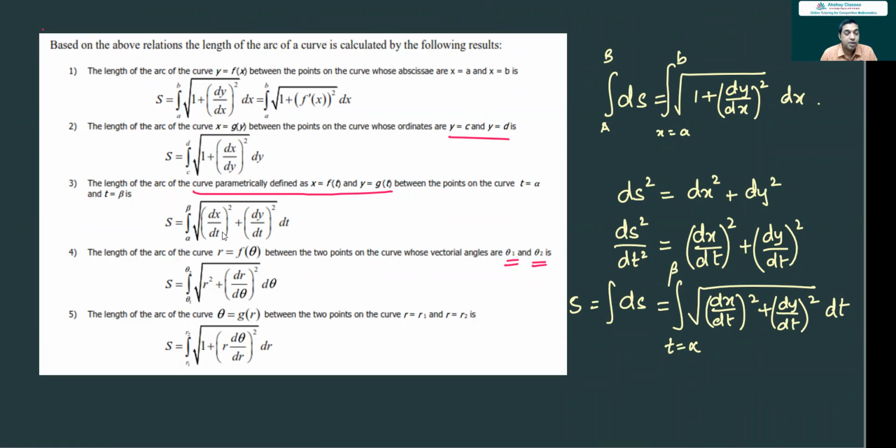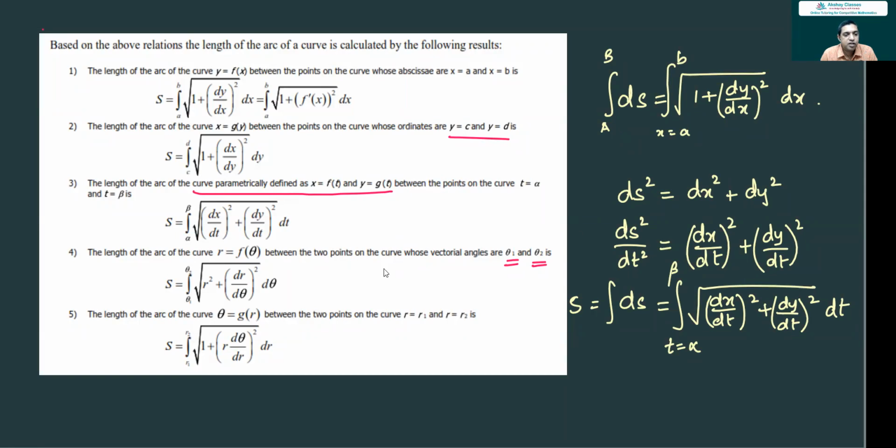And in parametric representation, if x and y are represented by a common parameter t, x is a function of t, y is a function of t, then dx by dt the whole square plus dy by dt the whole square under root dt, integral with respect to dt of this quantity from t equal to alpha to t equal to beta, that will give us the length of the arc.